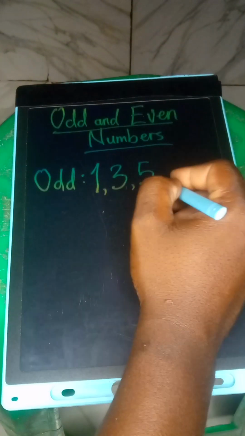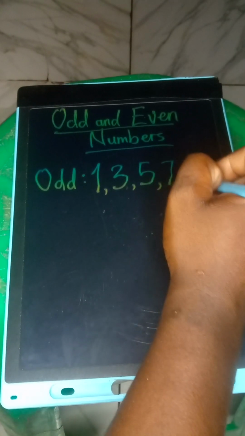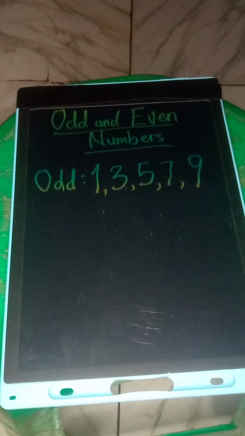The next one is 7. The next one is 9. So these 5 numbers are odd numbers and they also form the basis of other odd numbers. Any number that you see that has any of these numbers as the last digit is an odd number.